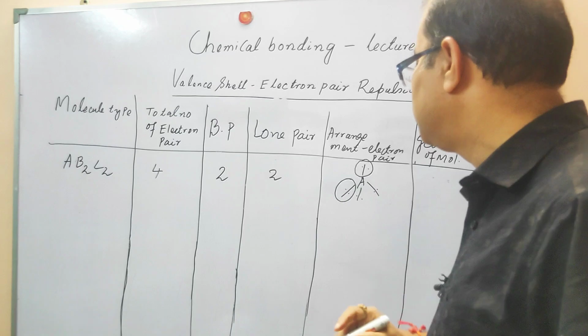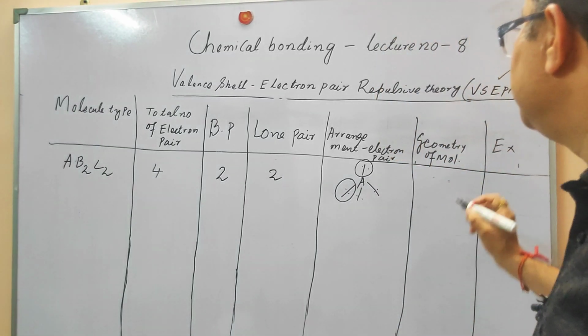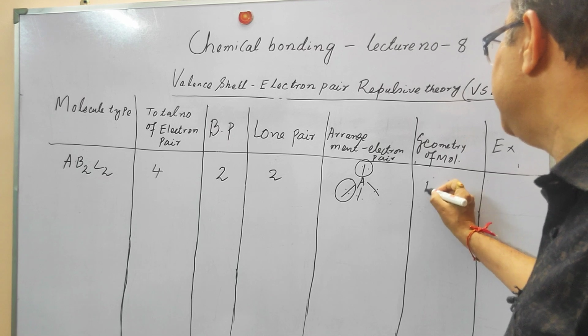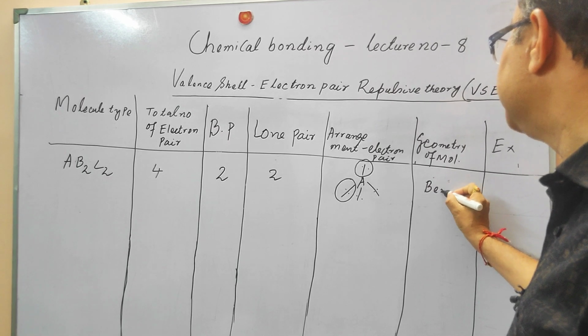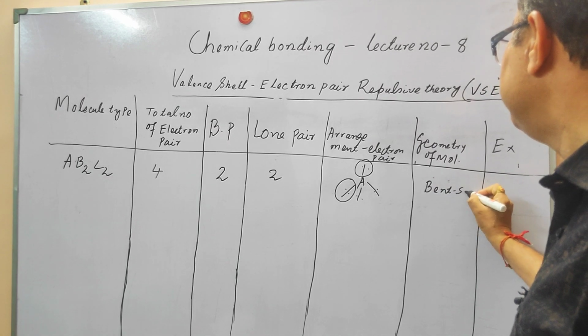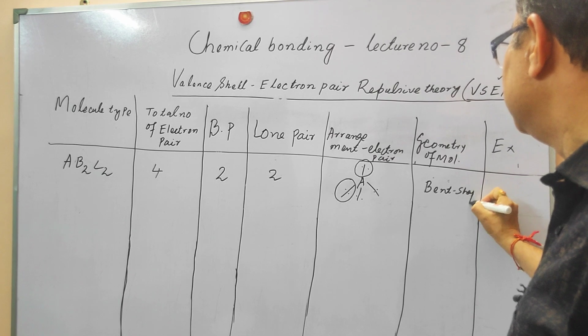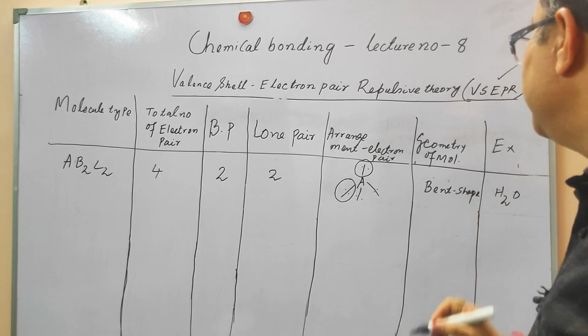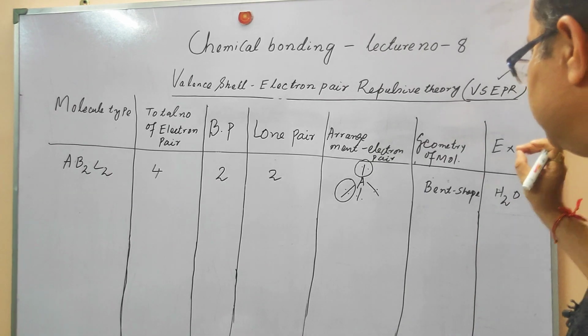So the geometry of the molecule will be V shape, or you can say bent shape, due to the presence of the 2 lone pairs. This type of molecule is H2O. H2O will have this bent shape.